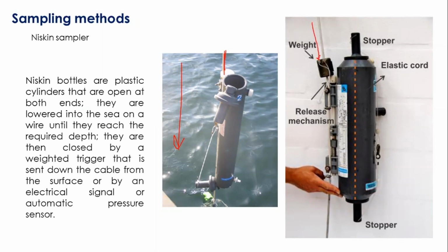This weight can either be sensory, with an electrical signal, or you can also use a manual weight. Once the weight hits, it will close the lid from both sides, and now you have a 10-meter deep water sample in this Niskin sampler.